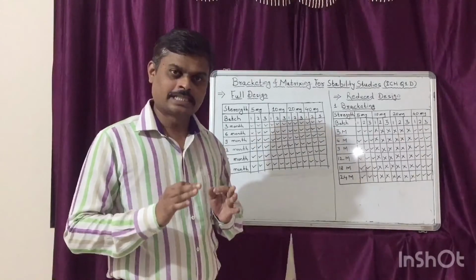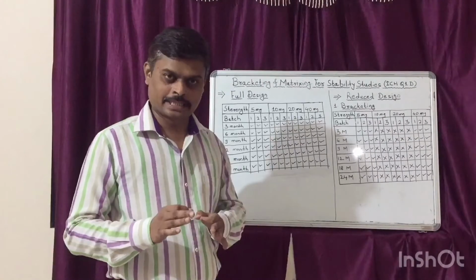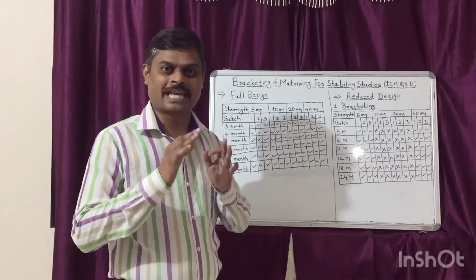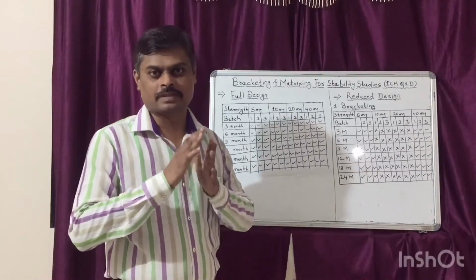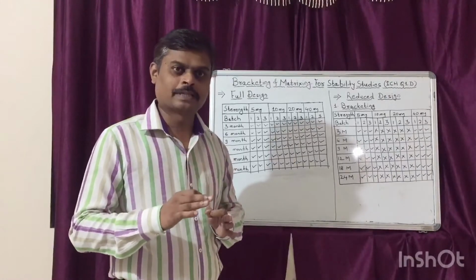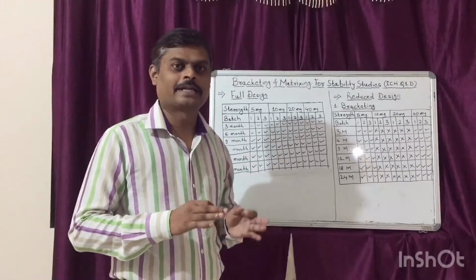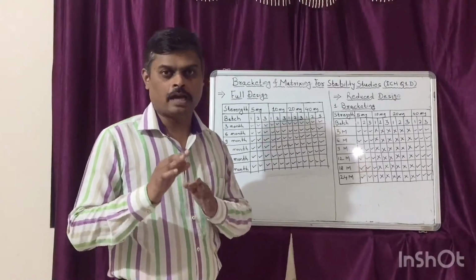As per ICH Q1A R2, the bracketing and matrixing can be applied for stability studies with proper scientific justification. However, there is no specific guidance for bracketing and matrixing provided in ICH Q1A R2.